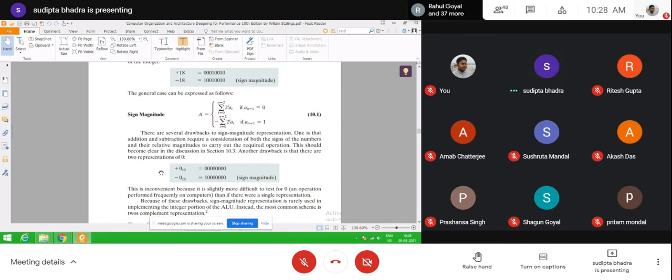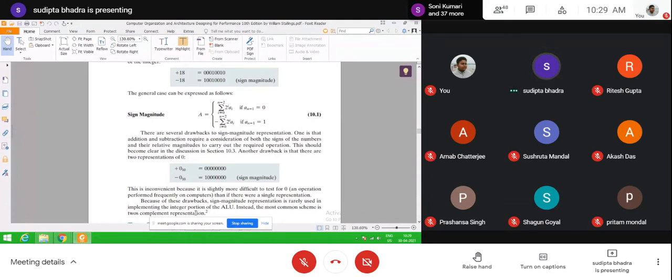So it's difficult to test for zero, because operation with zero is frequent in binary, as the ALU is based on the binary number system. These drawbacks of sign magnitude are overcome by two's complement representation.